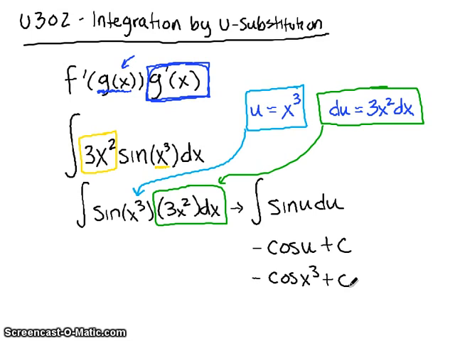Now I alluded to the fact that the 3 right here could be missing, and there's a way to deal with that. So let's look at this same problem, but let's take that 3 out of the problem. Let's make it just x squared sine x cubed.